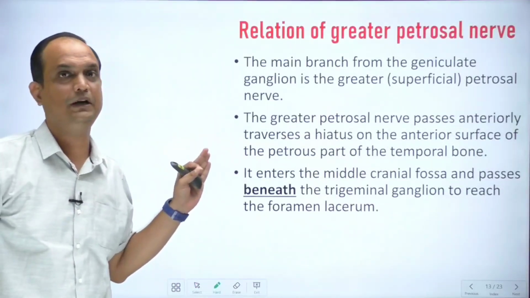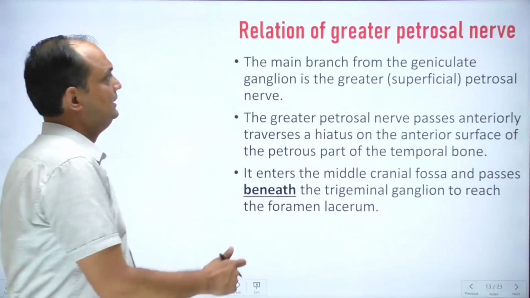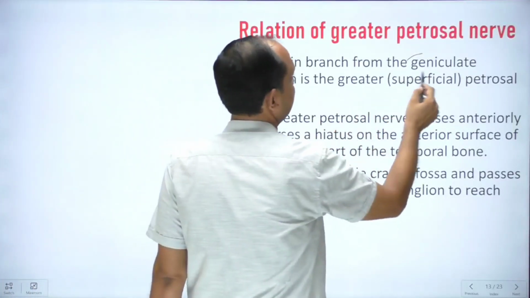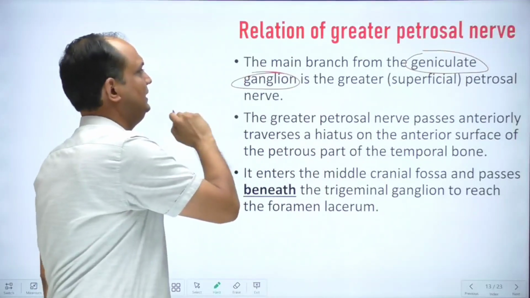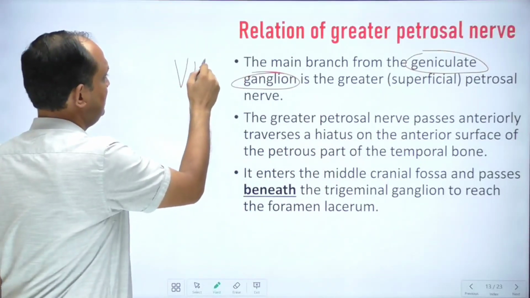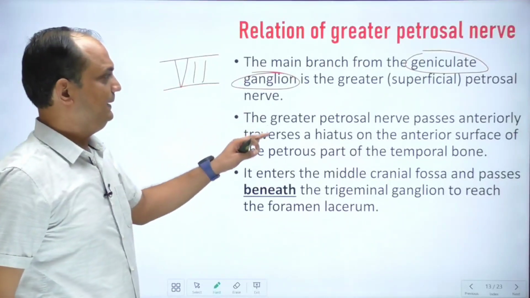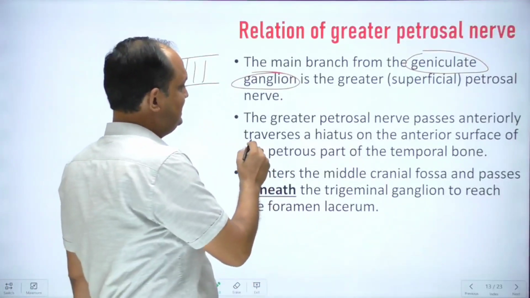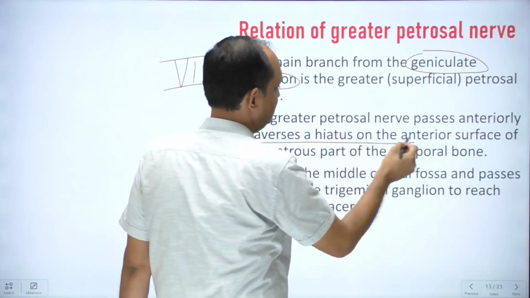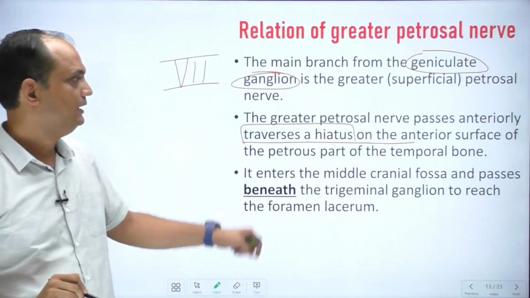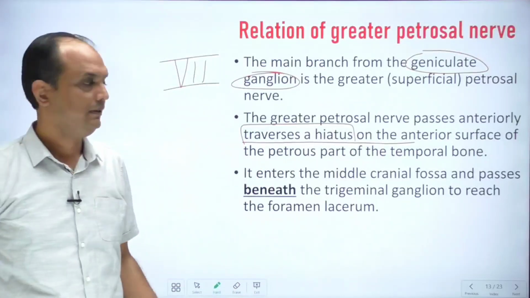Now this is a very important relation, that you know what is greater petrosal nerve. Greater petrosal nerve is a branch of geniculate ganglia. Now geniculate ganglia is a ganglia of 7th cranial nerve, that is the facial nerve. The greater petrosal nerve passes anteriorly and it travels through the hiatus for greater petrosal nerve on the anterior surface of petrous part of temporal bone.